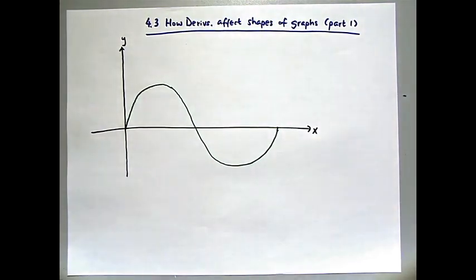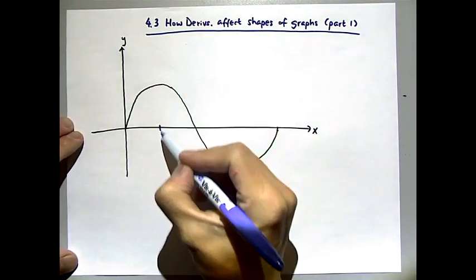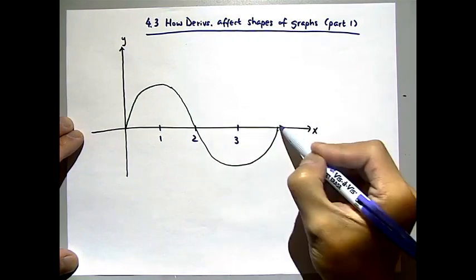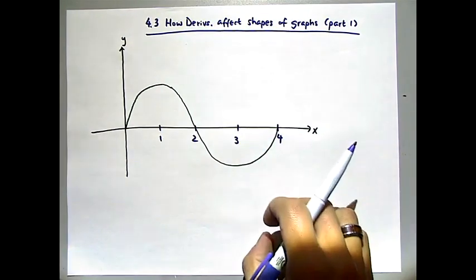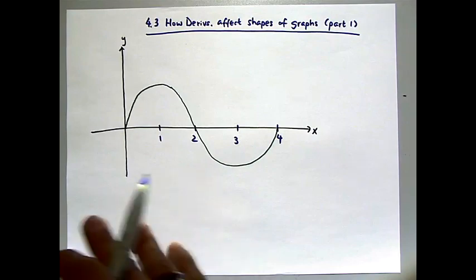Something like that. And for simplicity, we'll make these 1, 2, 3, and 4. Okay, so the graph goes up and down.